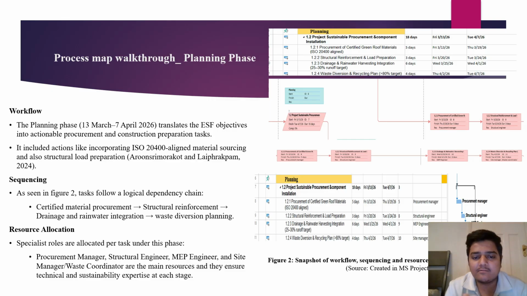The selection of certified materials comes first, followed by the structural and roof design, and finally waste and diversion planning, which demonstrates clear resource optimization. Each task is allocated to a specialist, like the project manager and MEP managers, and overall the ESG and sustainability designs are completed before the build phase begins. You can see the Gantt chart on the slide.